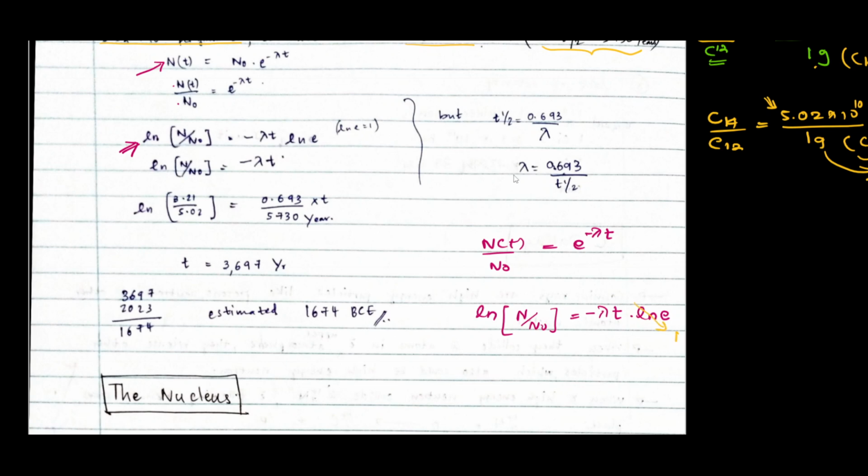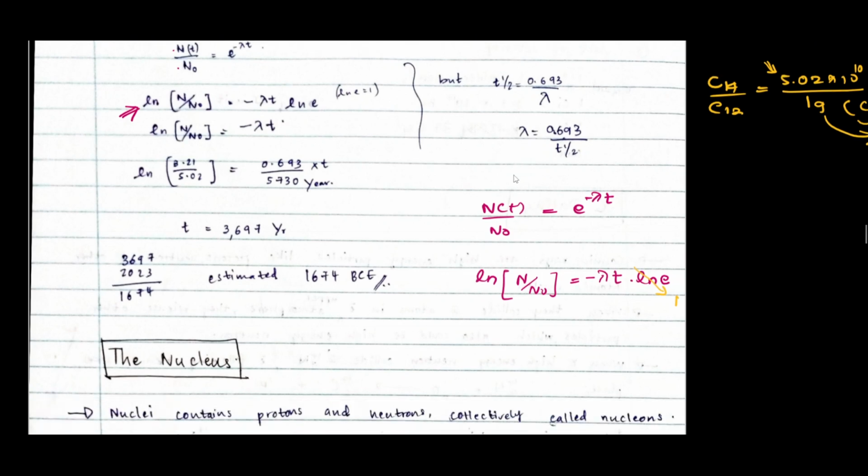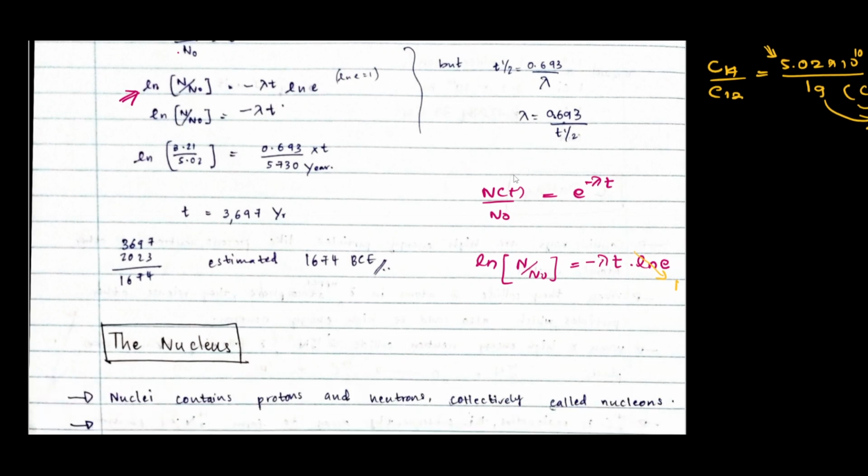So ln N over N naught, over lambda, with the minus sign, is equal to t.